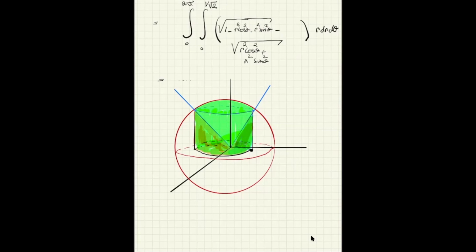The one I gave in the beginning was just this part, which is between the sphere and the plane. We just have to find z such that they intersect. The one we're looking for is between the sphere and the cone, which will include a portion of the inside of the cone. All right, hope this is clear.